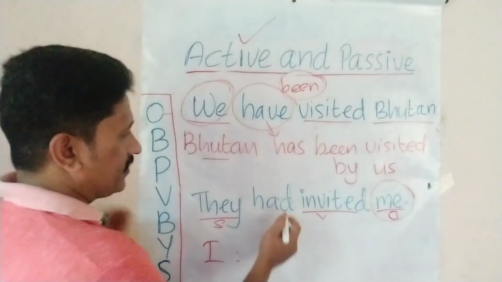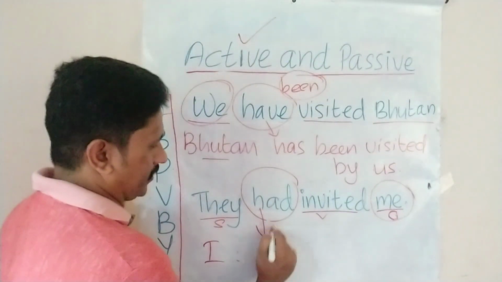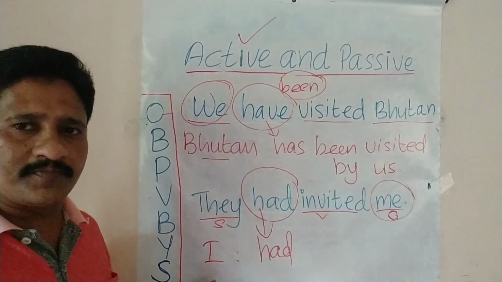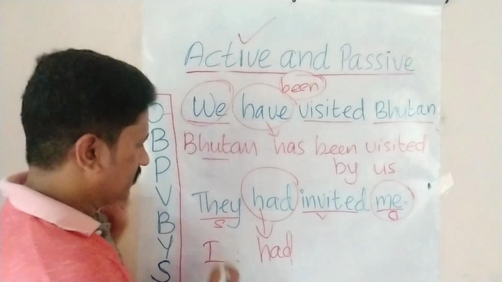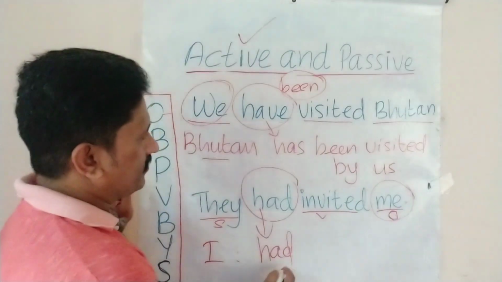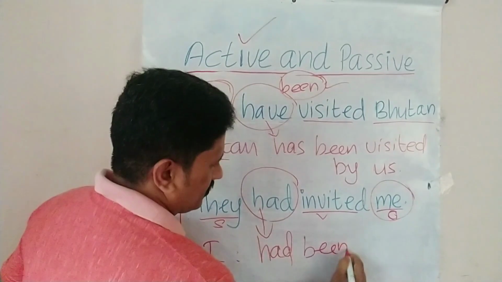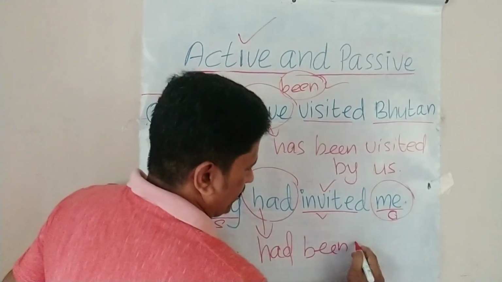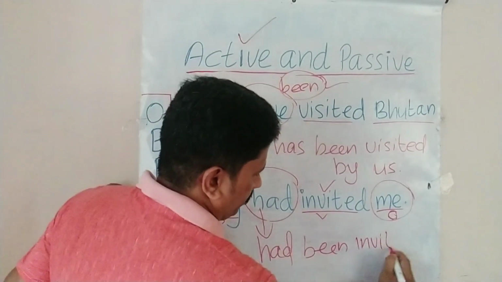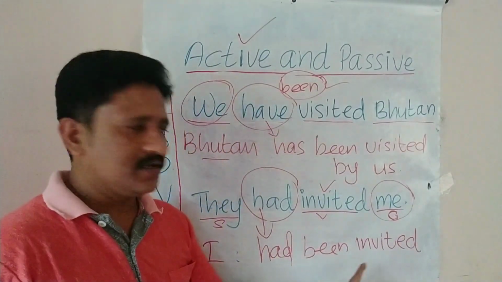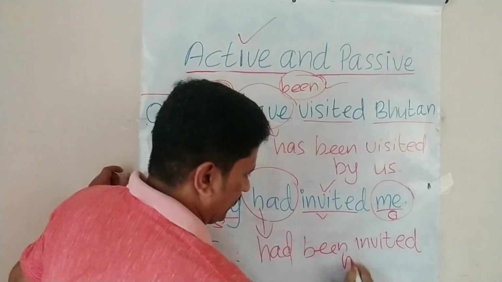So me changes into I. Now had, there isn't going to be any change here. It can go with subject plural or subject singular. So I had. Now we use the be form, been. Next, the past participle of the verb, invited. I had been invited by.